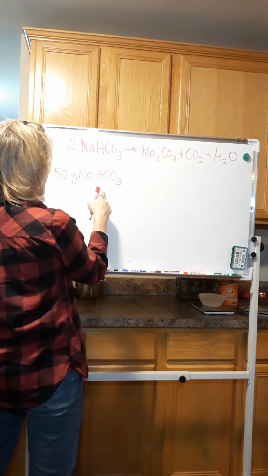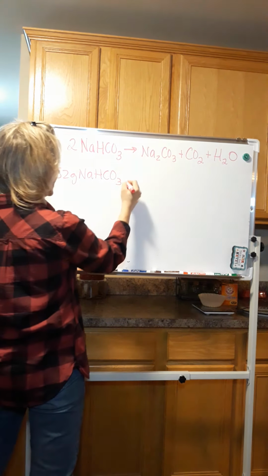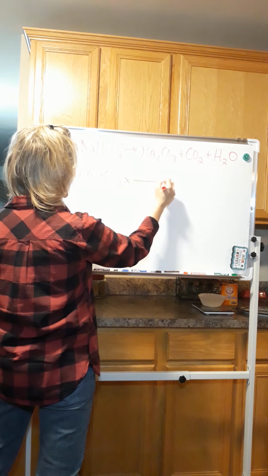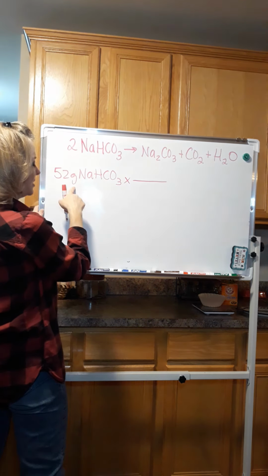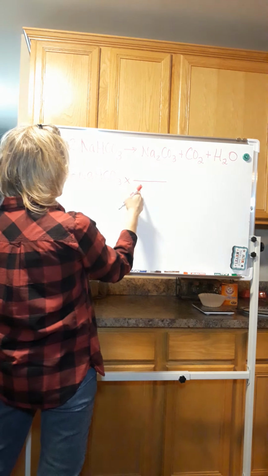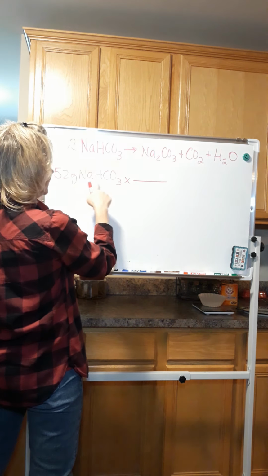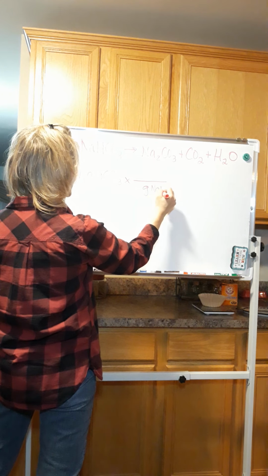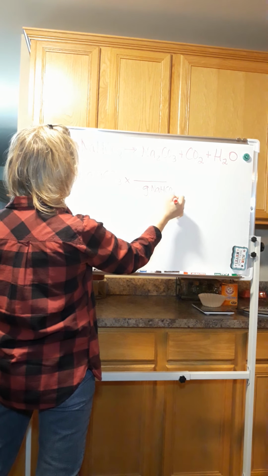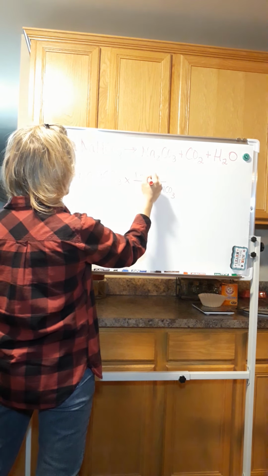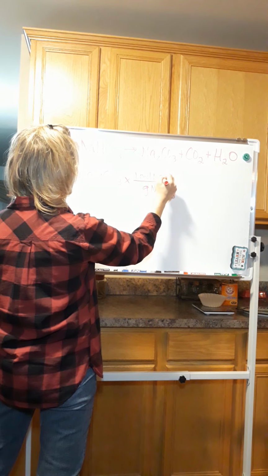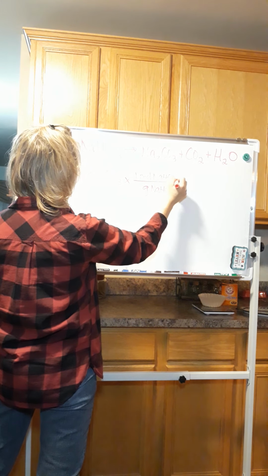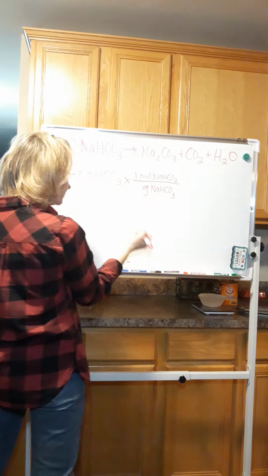So what I'm going to do first is create my first proportion. And since I'm starting out with grams, that means that I need to put grams of sodium bicarbonate on the bottom and put 1 mole of sodium bicarbonate on the top.